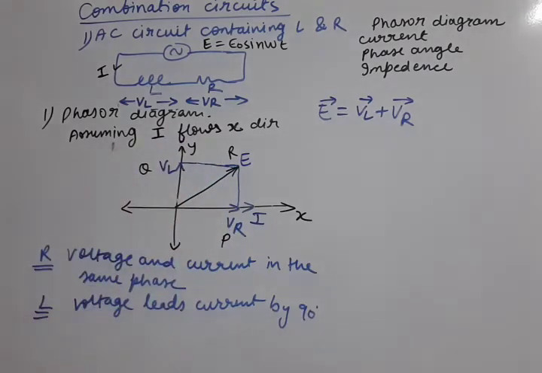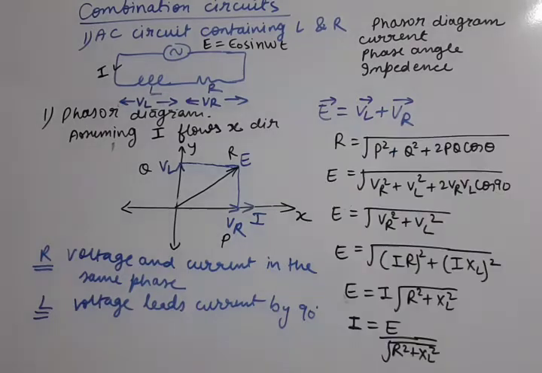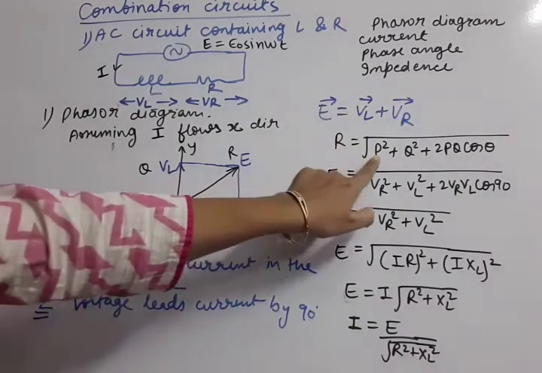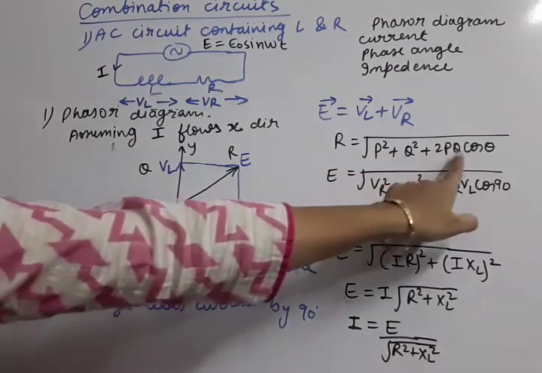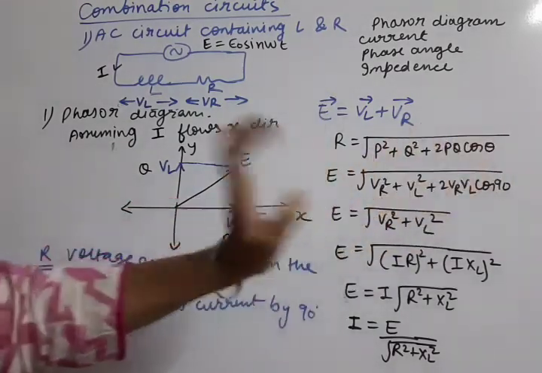So how do we get this resultant's magnitude? We will apply that same formula, R equal to root of P square plus Q square plus 2PQ cos theta. Apply all the values.